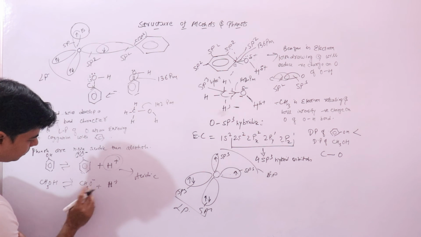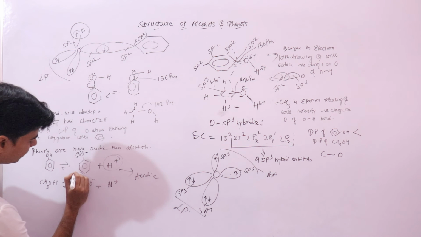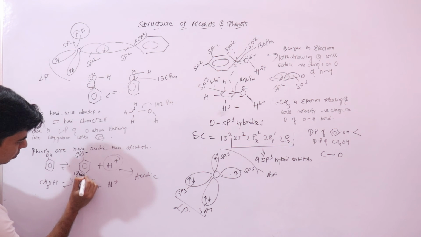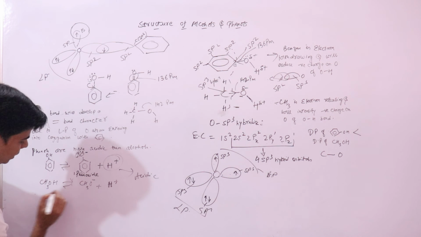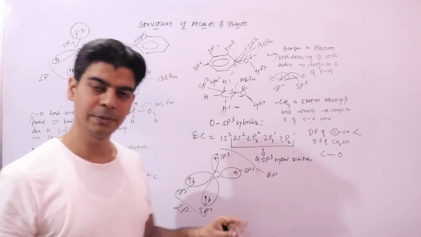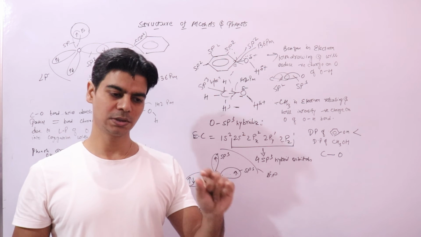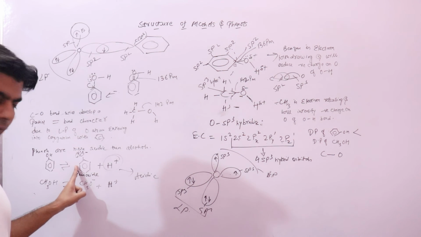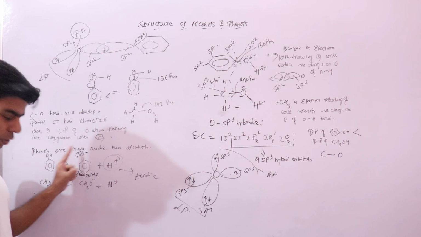This is your phenoxide. Your phenoxide is more stable due to resonance, because the lone pair of oxygen enters into conjugation with the benzene ring in phenoxide ion. That makes it more stable.